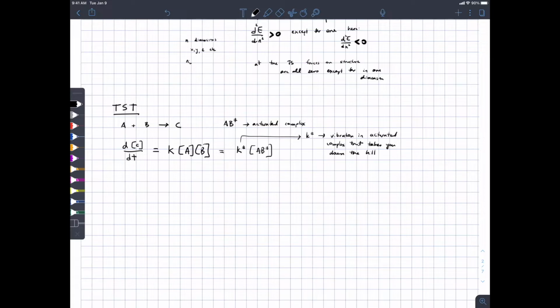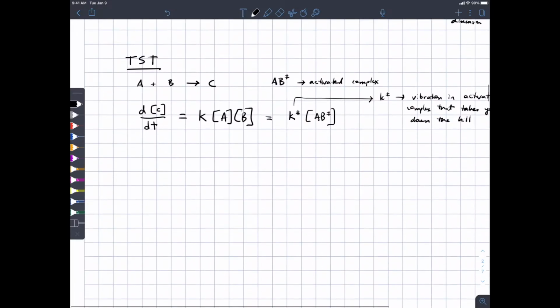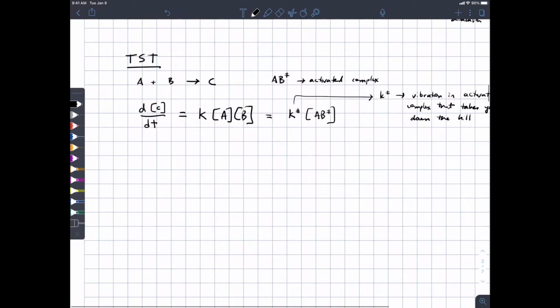And then there's a postulate of transition state theory that says actually the starting material A and B are in some kind of equilibrium with the activated complex. Now, that's just a postulate, and frankly, it seems ridiculous because you can't be in equilibrium with the transition state, right?